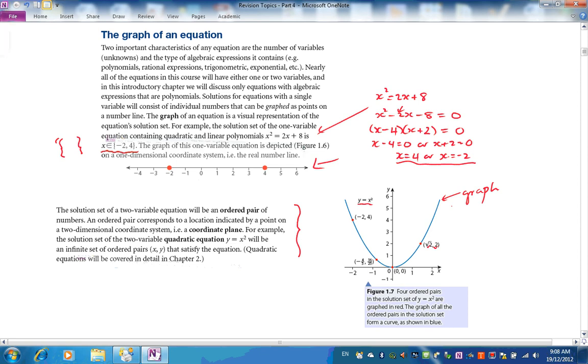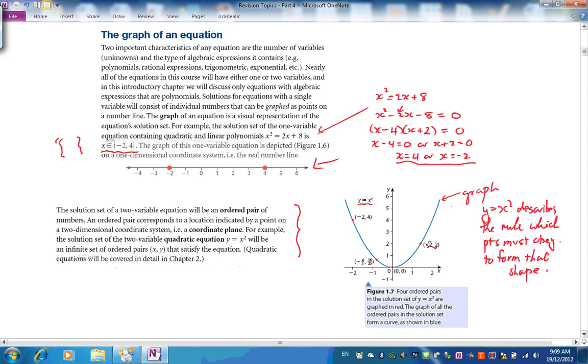So here the equation y equals x squared describes, if you like, the pattern or the rule which the points must obey to lie on that shape, must obey to form that shape. So you can't just put any x and y together and produce that shape.